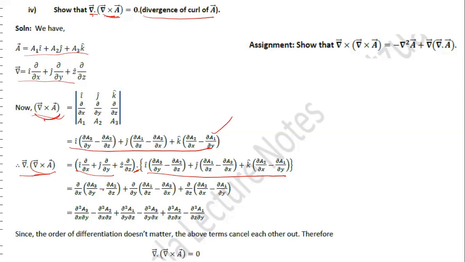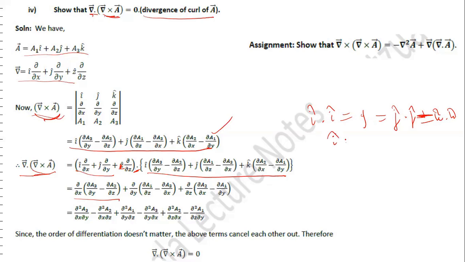So i dot i is 1, right? So this del operator operating on that, del upon del x, j dot j is 1, not z cap, this is k cap, k cap dot k cap is 1. So i dot j, i dot k, they are 0, because this we have already discussed. You should always remember that i dot i is 1 and j dot j is 1 and k dot k is 1.